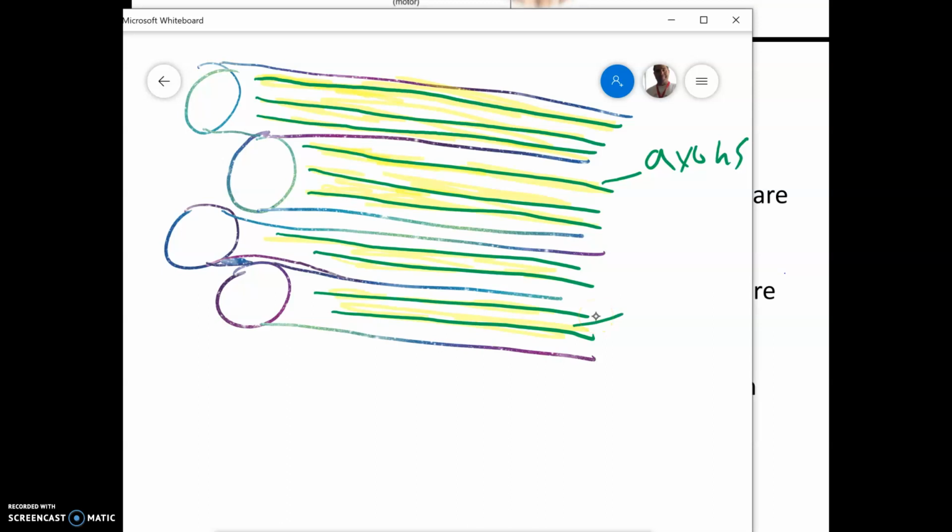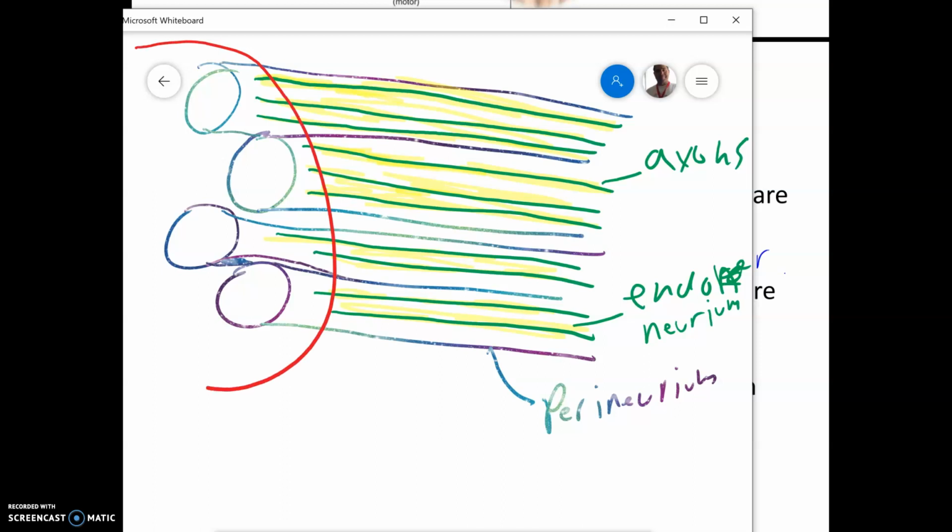So we have all this endoneurium that is wrapping individual axons, and then we have the perineurium wrapping bundles of axons into things called fascicles. So similarly to muscle tissue, the whole nerve is wrapped in something called epineurium.